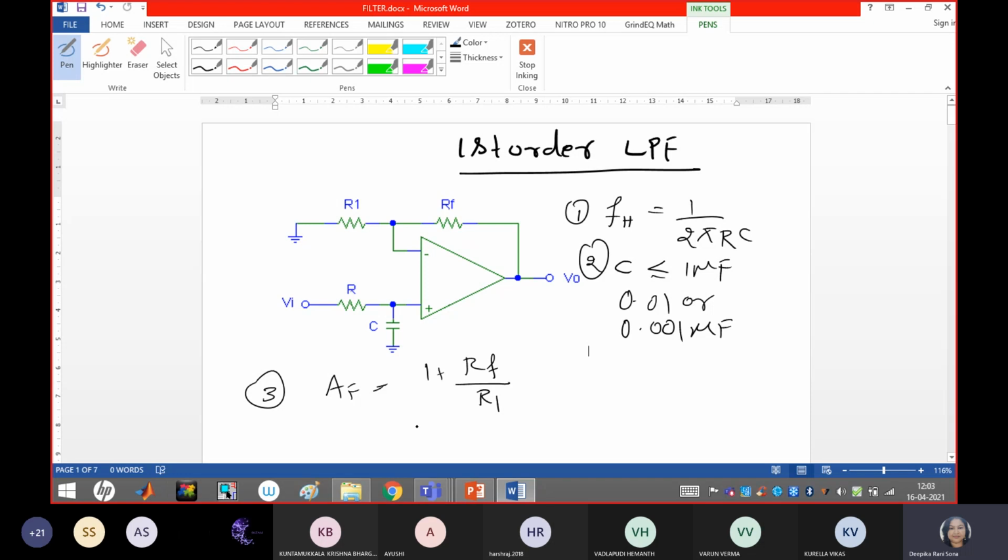That also I am repeating, just a recap. The voltage gain equation, V naught by Vin in mod, for the first order low pass filter can be written as AF divided by square root of 1 plus F by FH of whole square.